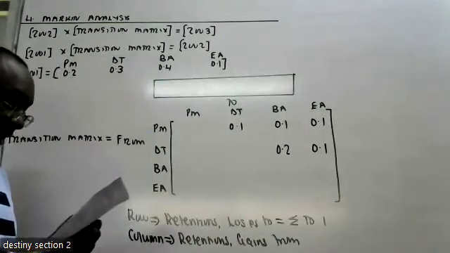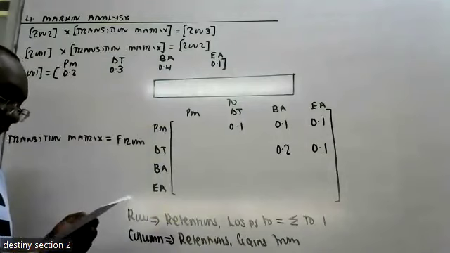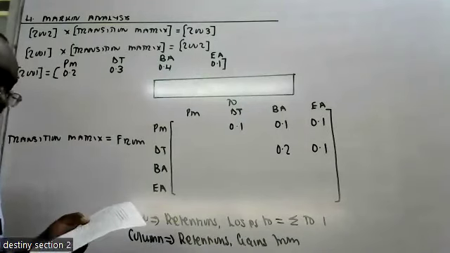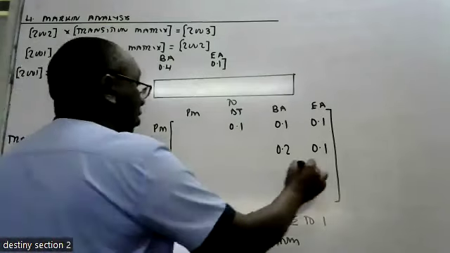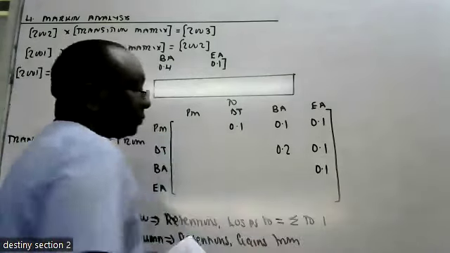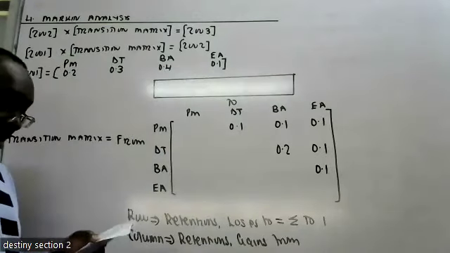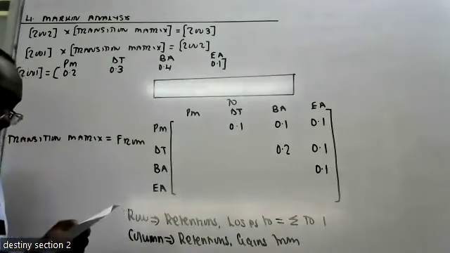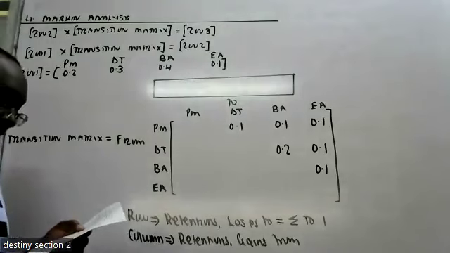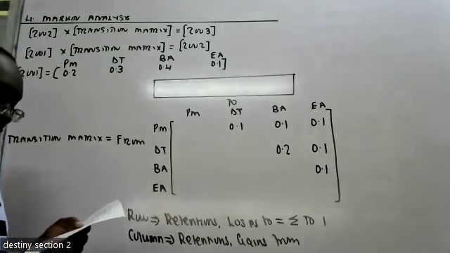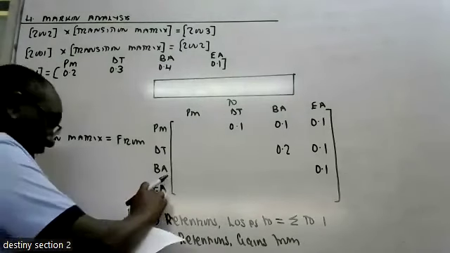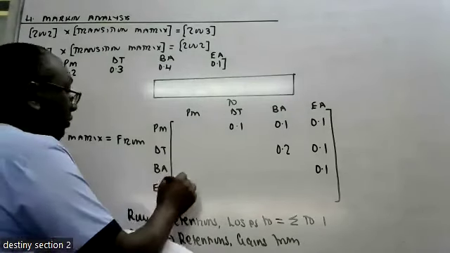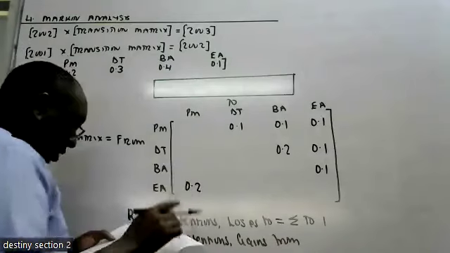The other one is, out of those which were using BA, only 10% switch to EA. So from BA to EA, only 0.1. And then we are told, out of those which use EA, 20% switch to PM. So from EA to PM, we have 0.2.